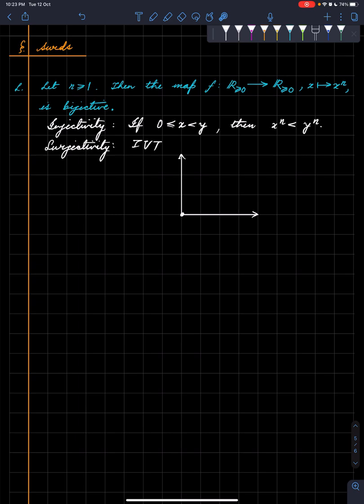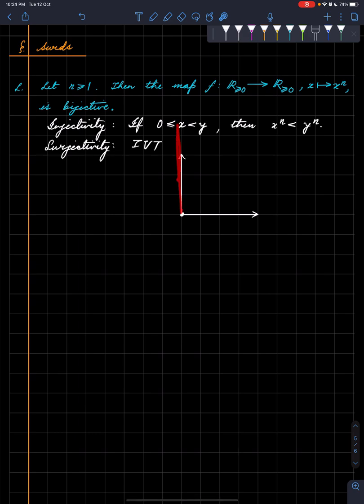So that means since the image of f has to be an interval by the continuity of f, this function is continuous as we've seen before. So the image of f is an interval, and it takes the value 0, and it takes larger and larger values, meaning there is no upper bound on the values that f can take.